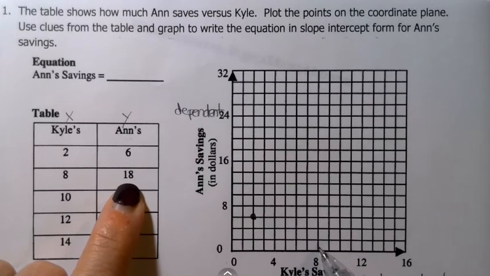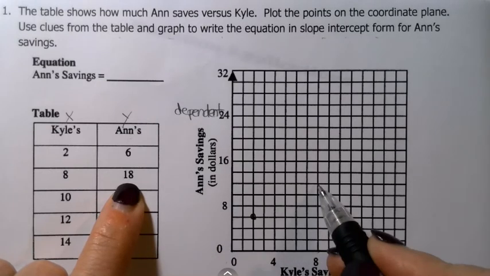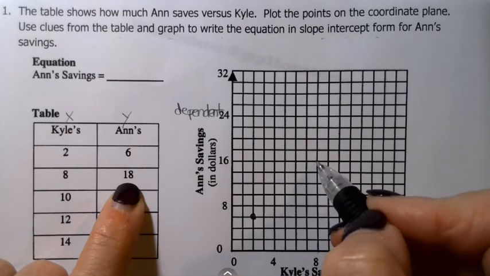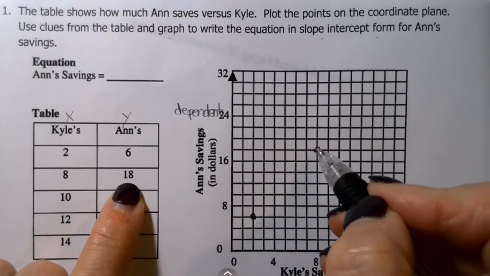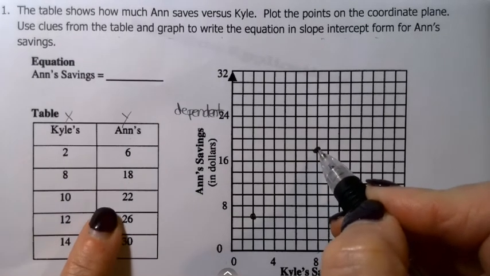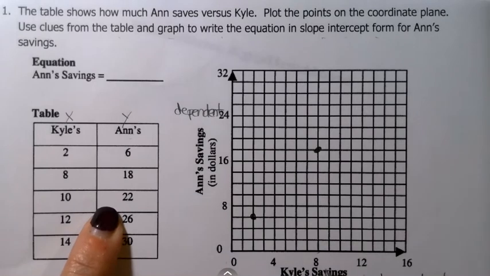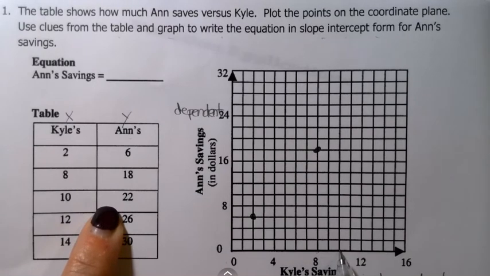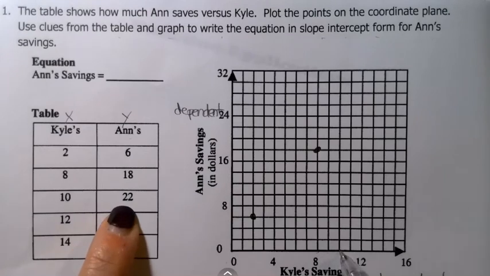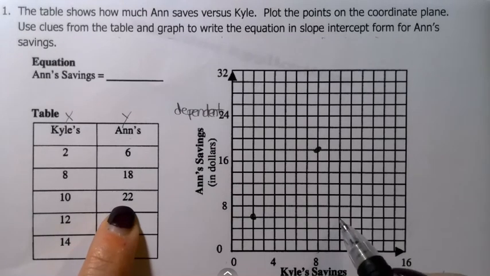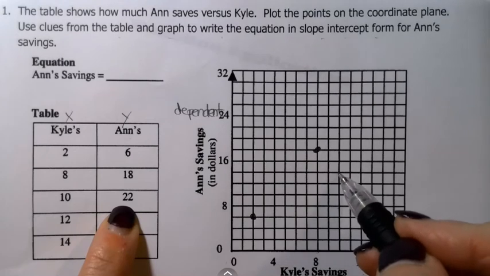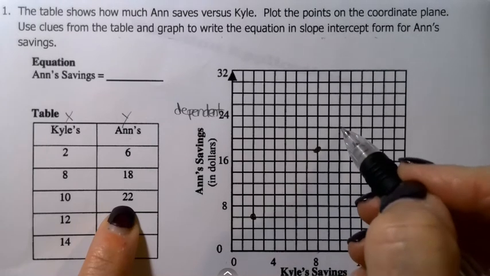If we count up by 2s, we have 2, 4, 6, 8, 10, 12, 14, 16, 18, and you make your point. For the third set of data, Kyle's value is 10, so this is 8, 9, 10, and then up to 22. So we count 2, 4, 6, 8, 10, 12, 14, 16, 18, 20, 22.